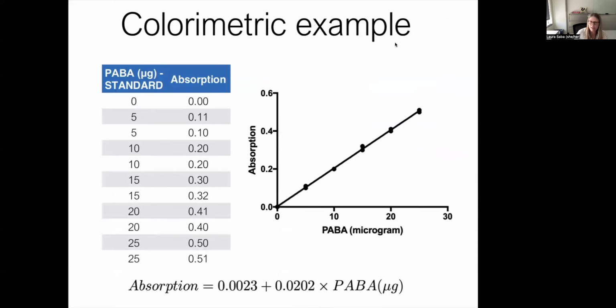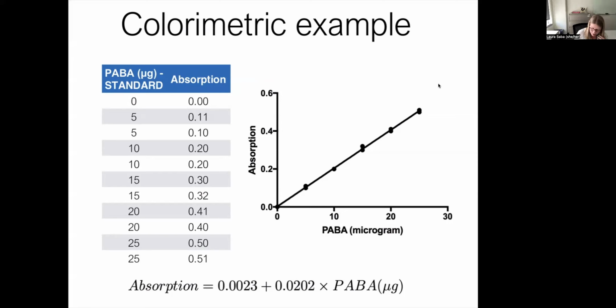Again, if we did a standard absorption curve, where we put in this PABA standard and looked at absorption across the different levels of that standard and then created a curve here.